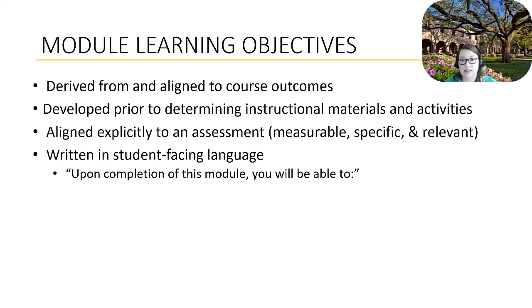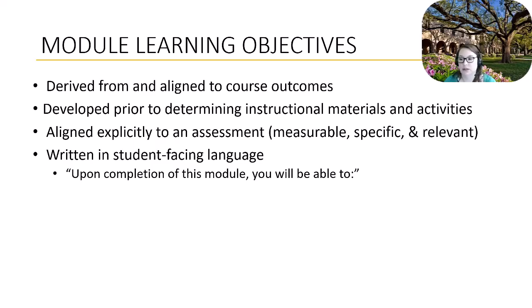So your learning objectives should align to your course outcomes, and obviously they must also be tied to at least one assessment. We write these in student-facing language. Instead of "the student will do this," we want the student to know that you're connected to them. So we write, "Upon completion of the module, you will be able to."